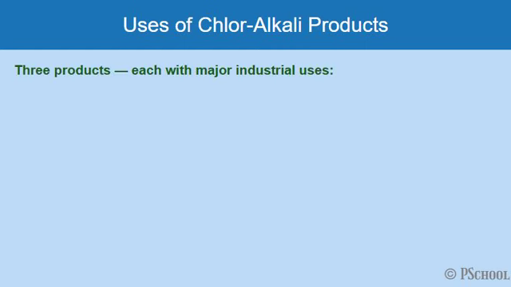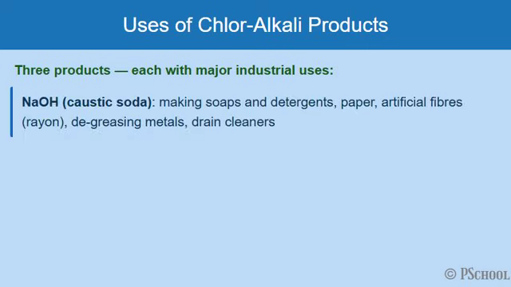3 products from the chlor-alkali process, each with major industrial uses. Sodium hydroxide or caustic soda: making soaps and detergents, paper, artificial fibers like rayon, degreasing metals, and drain cleaners.